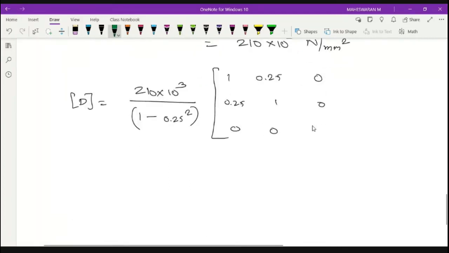So 0.75 divided by 2, you're getting 0.375, right? These are my values. Can you solve and tell me what will be the value for the D matrix here?